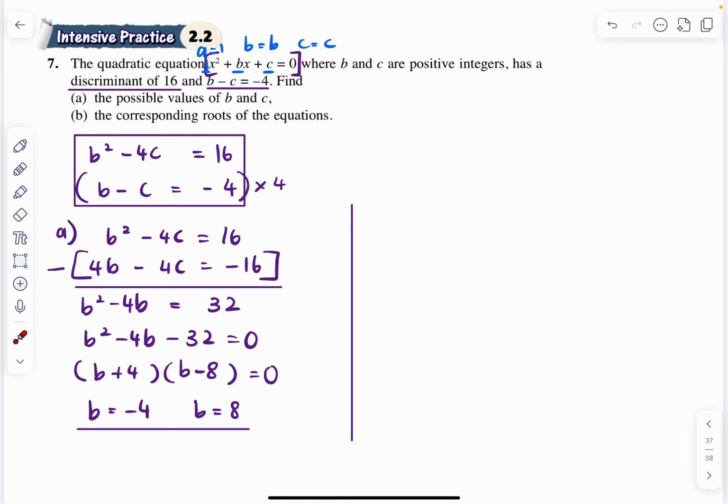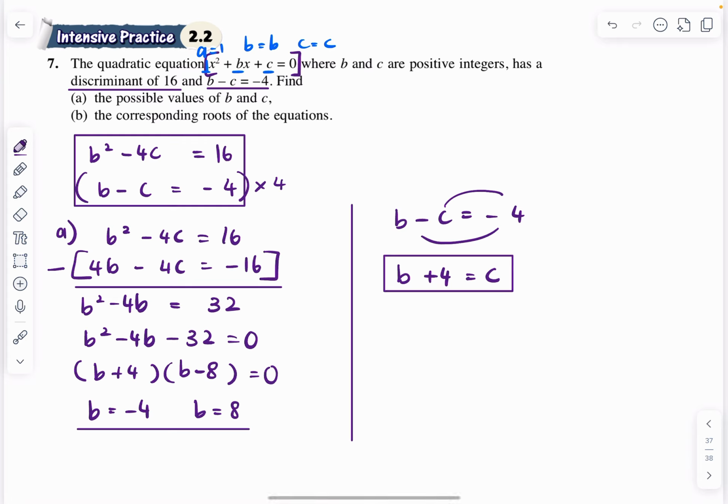To find c, we can take these values and sub it into any of these equations. So let's just take the second equation, easy. B minus c is negative 4. So from here, making c the subject, c we bring there becomes b plus 4 equals to c.